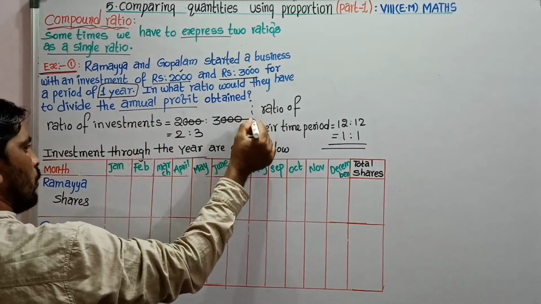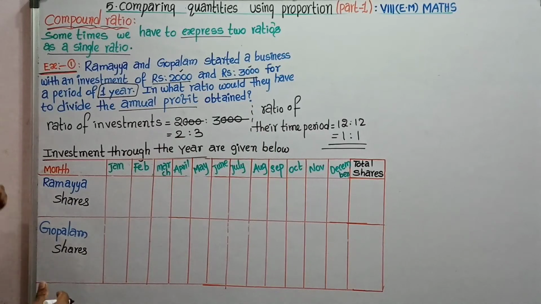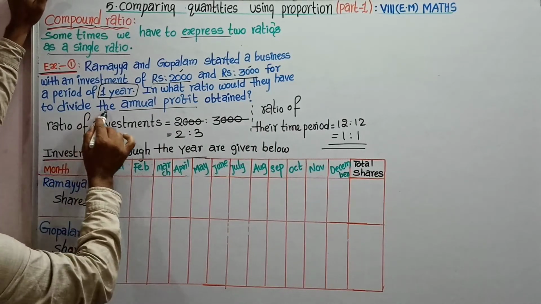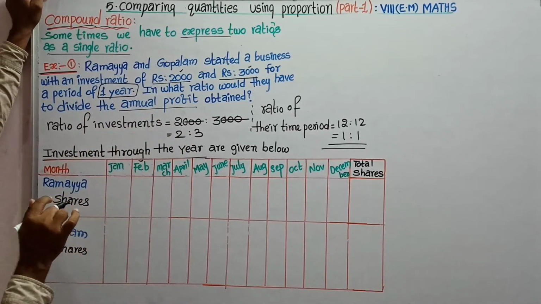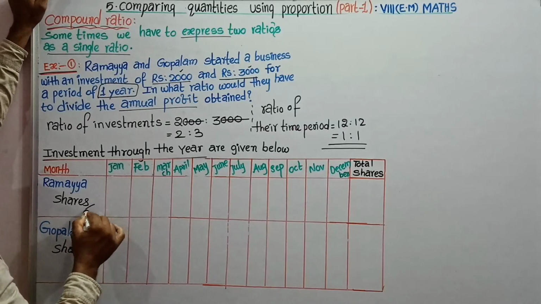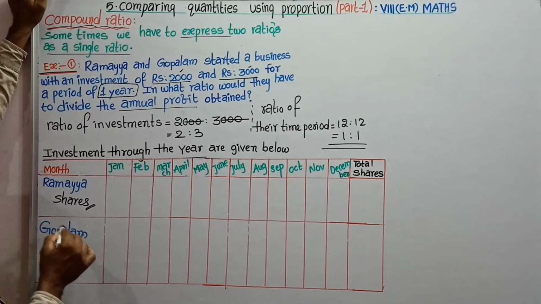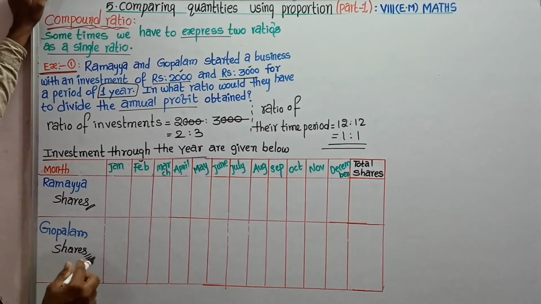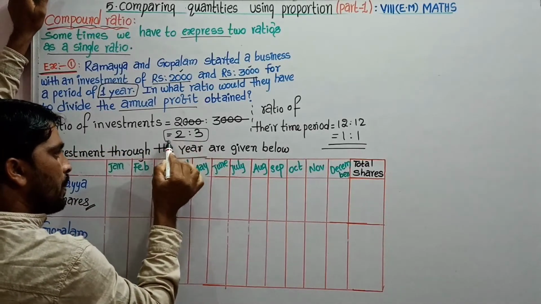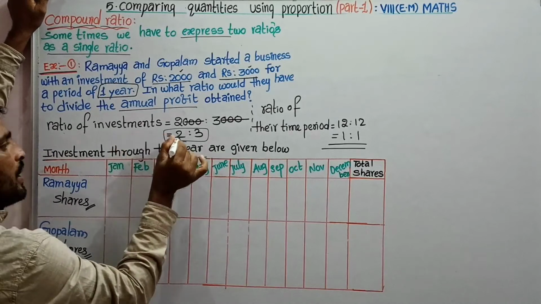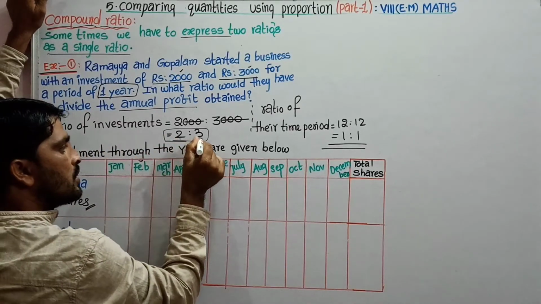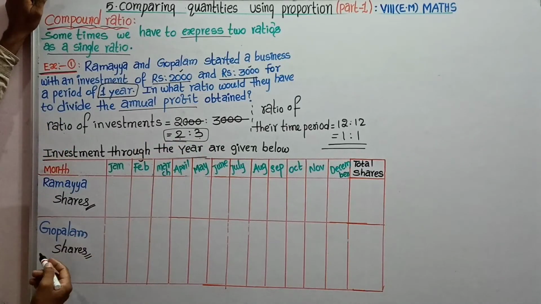But we have to find in what ratio they would divide the annual profit. To do this, we have to find the share of Ramaya and the share of Gopalam. Since the ratio of investment is 2:3, if Ramaya invested 2 units of amount, then Gopalam invested 3 units of amount.